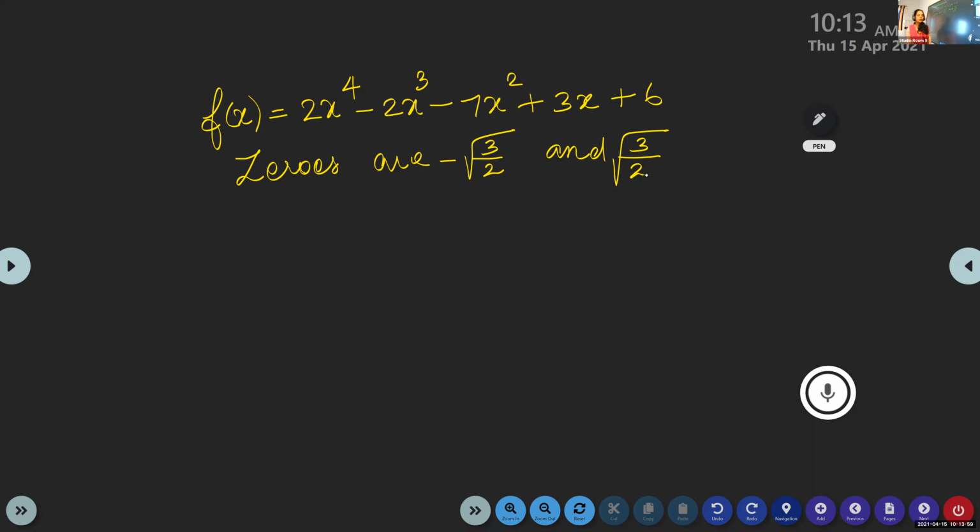Haynes Steve, read the question. Yes, ma'am. Obtain all the zeros of the polynomial f of x equal to 2x raised to 4 minus 2x cube minus 7x square plus 3x plus 6.